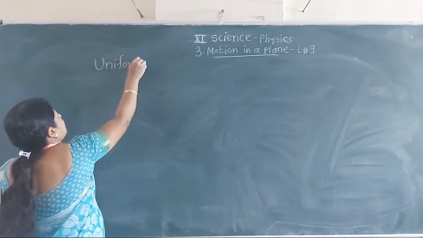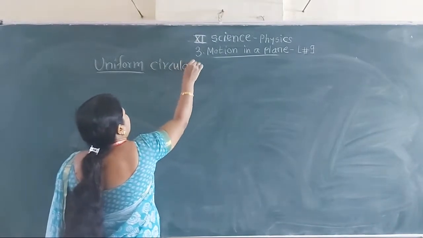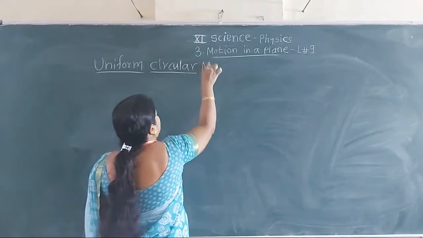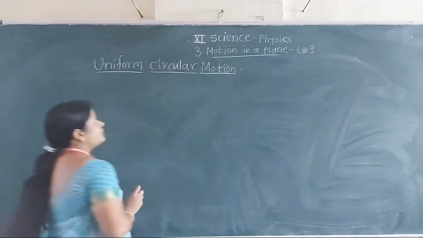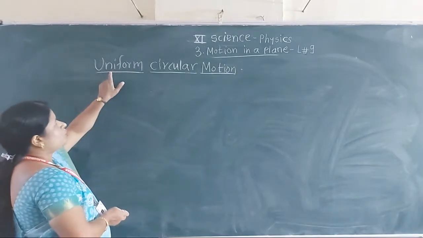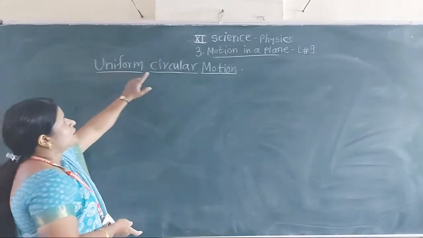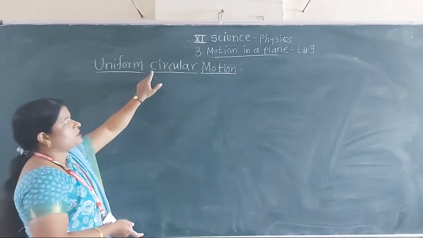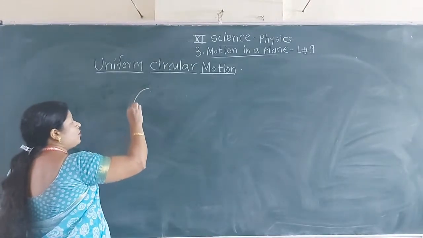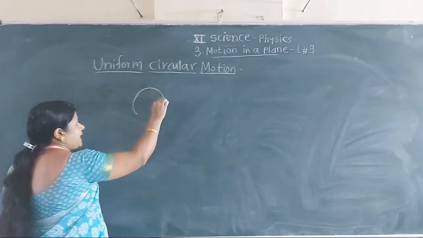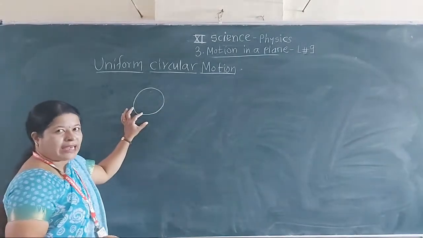Uniform circular motion. Now see in this point, uniform, uni means one, circular in one direction, circular motion. For example, I can talk about an object.